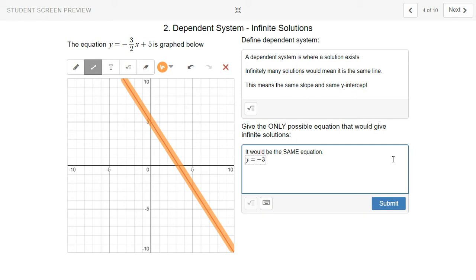In this case, y is equal to negative 3 over 2x plus 5. You could write it in standard form, but ultimately, when you graph it, you would still have exactly the same line.